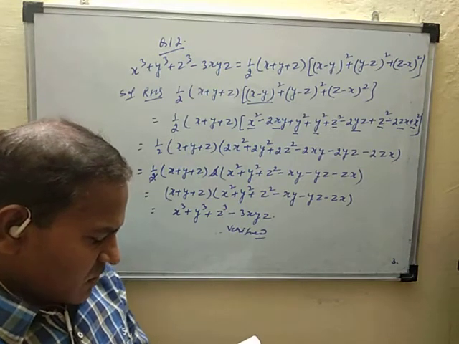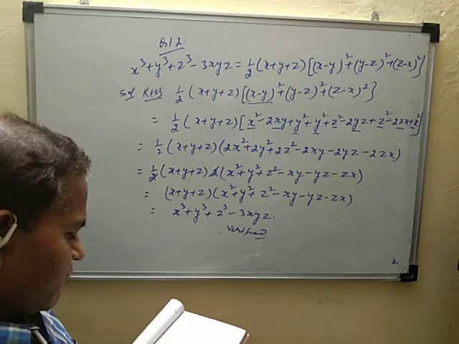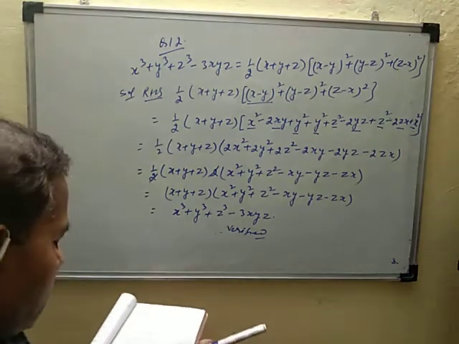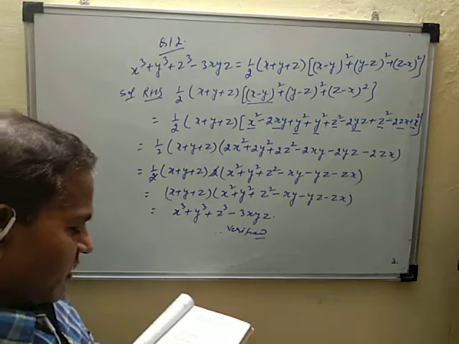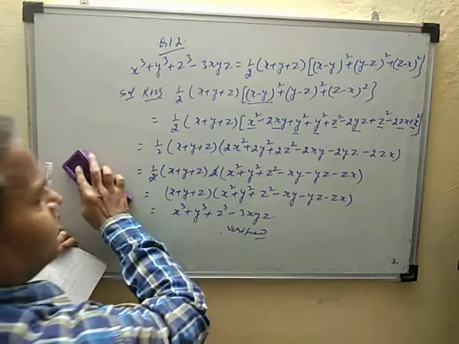And same as question number 13: if x plus y plus z is equal to 0, given, then show that x cube plus y cube plus z cube is equal to 3xyz. So now question number 13.